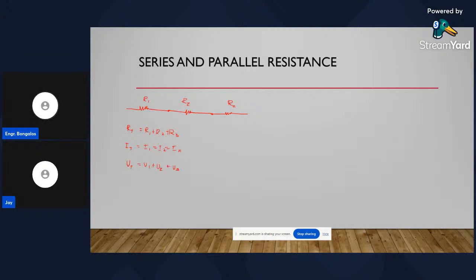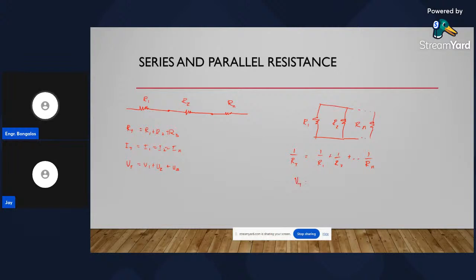Sa parallel naman, ito yung resistance natin connected in parallel, R1, R2, Rn. Kung gusto natin hanapin yung total resistance, ito yung formula niya, 1 over R total is equal to 1 over R1 plus 1 over R2 plus 1 over Rn. Take note din na yung voltage dito is the same.